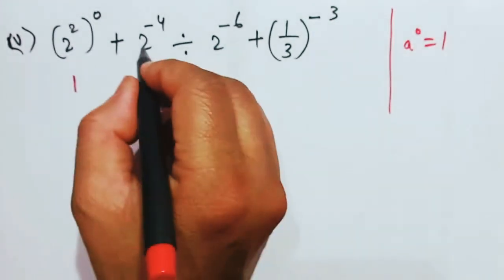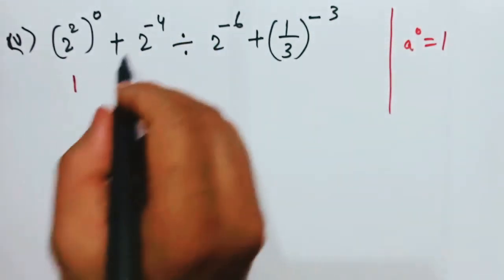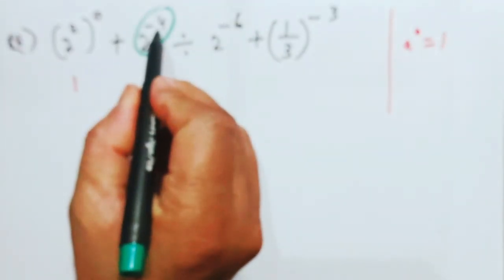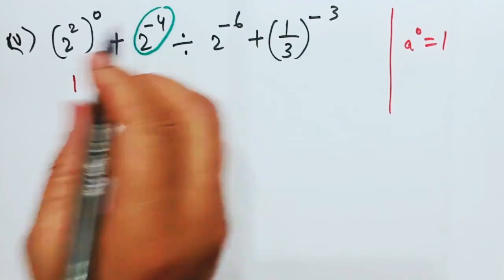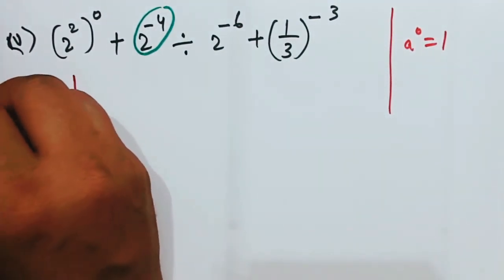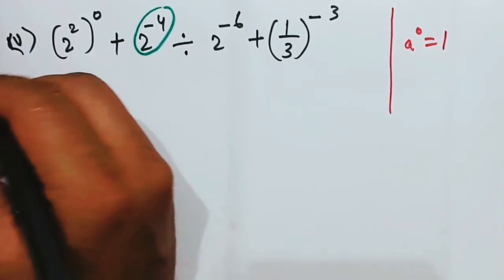Now 2 to the power minus 4, this one has a negative exponent. Therefore it is better if we convert this into positive form. So when we convert this into positive form, what are we going to get?